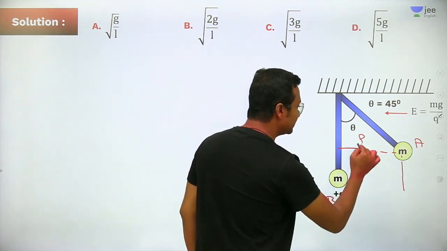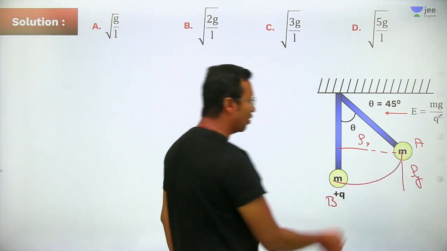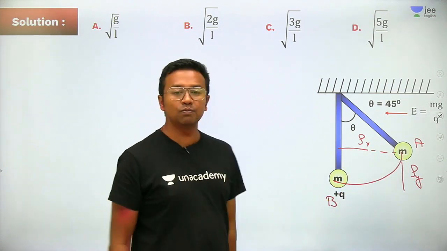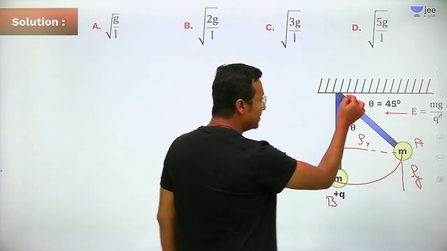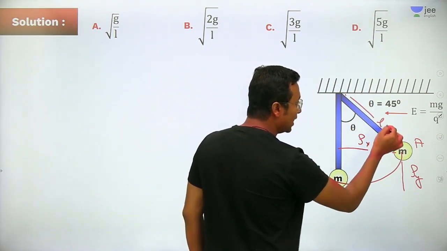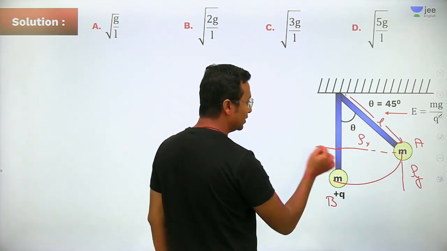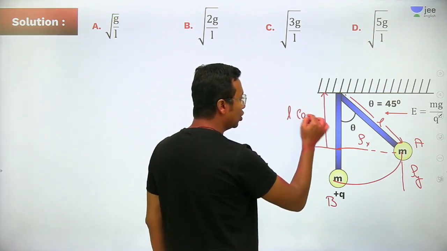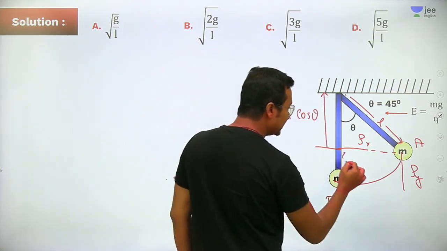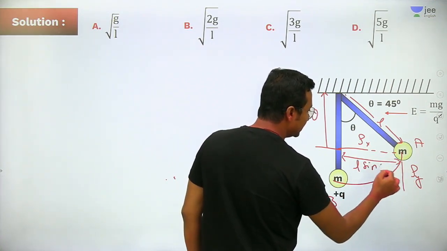Let me call this Sx and this Sy. Now what is this length here? It is given to me as L. So this distance will be L cos theta, and this distance will be equal to L sin theta.